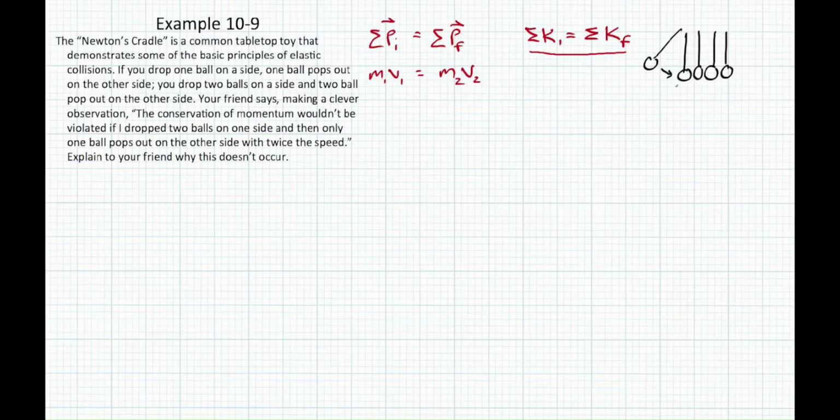And the novelty of it is that momentum is transferred, and kinetic energy is conserved, but it's transferred through all these bearings, such that the one on the end pops out, and then it flies up and comes back down, and of course you've seen that happen before.